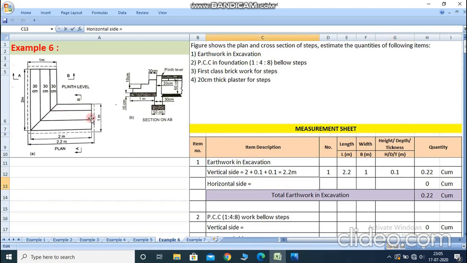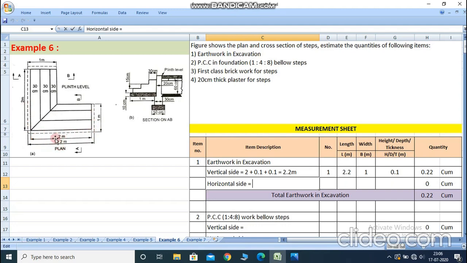Now we calculate the horizontal side. This side we calculate, but in this side, the portion starting from this point to another point. Clear? But we already calculated the square part, the corner part, in the vertical side. So the total distance from the excavation dotted line to another dotted line is 2.2 meter.